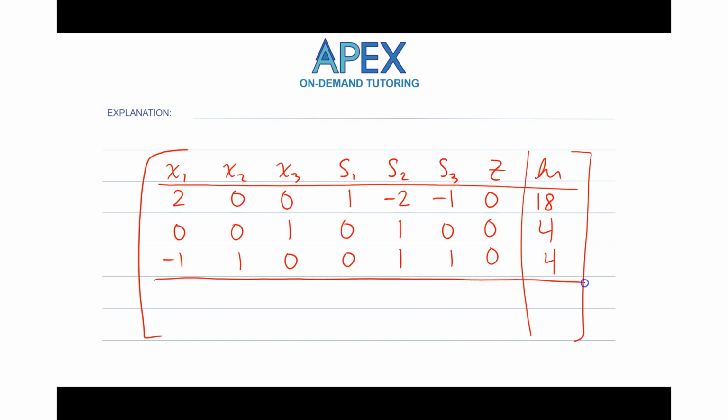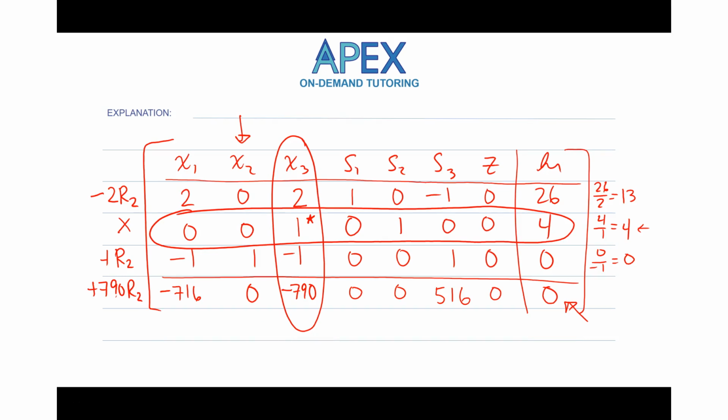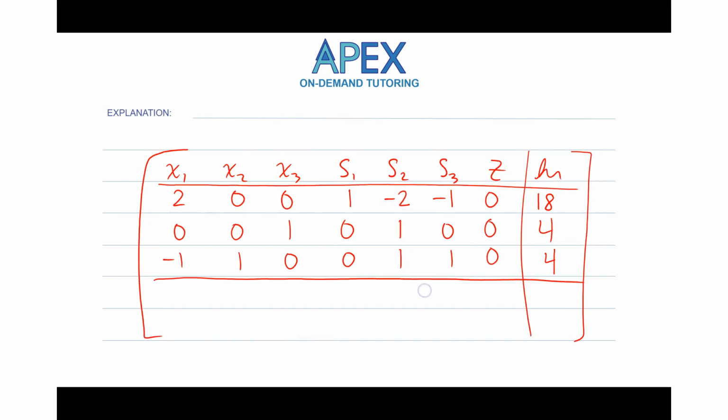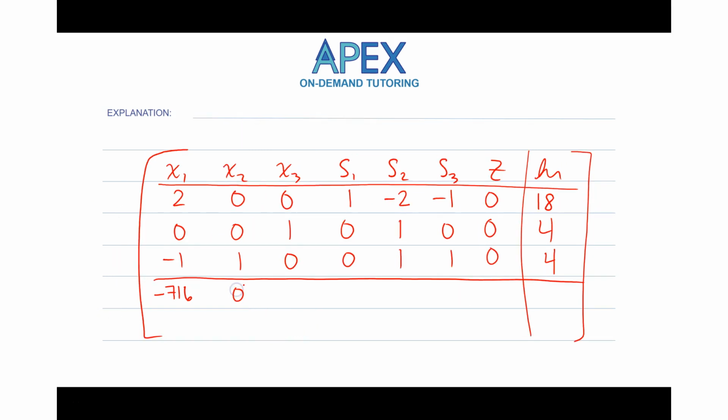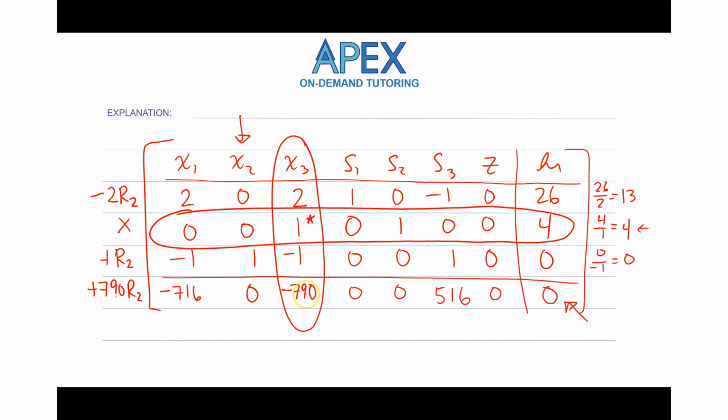Finally, in our last row, this is our big number row, we have 790 times 0 does nothing. We still have -716. We have 0 plus 0. And we eliminate our -790 here. That's the whole point.